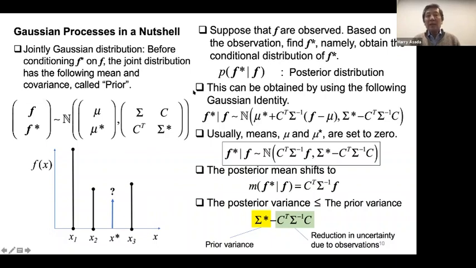Okay, now suppose that this part F has been observed, and based on that observation, let's find F star. Okay, so these are the unknown part. Namely, obtain the conditional distribution of F star conditioned by observation F. So we write it in this way.